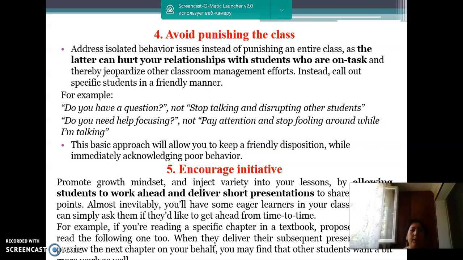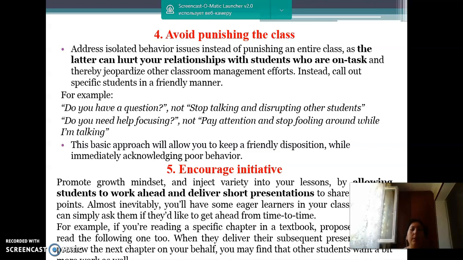The fifth strategy is encourage initiative. Promote growth mindset and inject variety into your lessons by allowing students to work ahead and deliver short presentations to share takeaway points. Almost inevitably, you'll have some eager learners in your classroom.